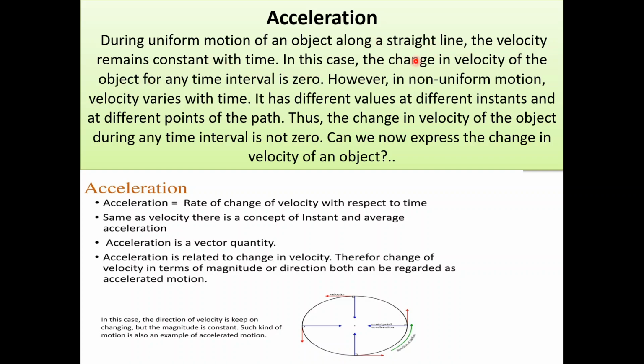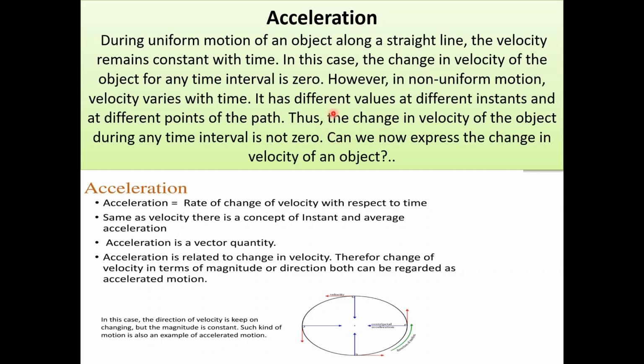In this case there is no change in velocity, that is, it is zero. But in case of non-uniform motion, velocity varies with time. It has different values at different instants of time.